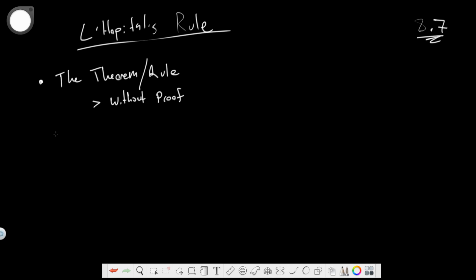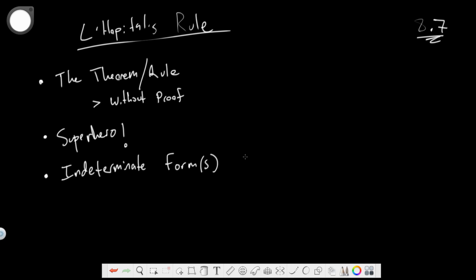In talking about this theorem, there will be a philosophical discussion about what it is to be a superhero. I'm spelling superhero wrong. Let me get that right. Superhero. We're going to have a discussion on superheroes. And then, after talking about that, we're going to talk about indeterminate forms. We know some of these.